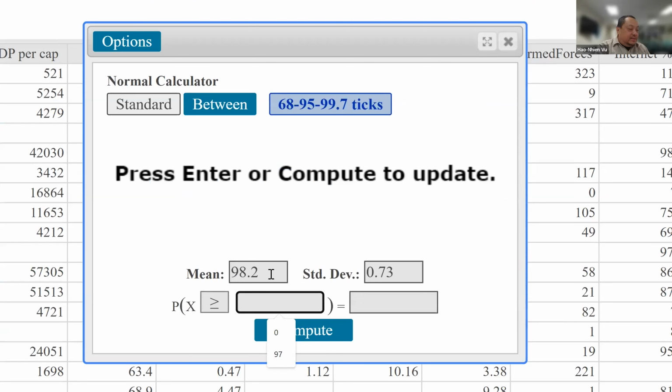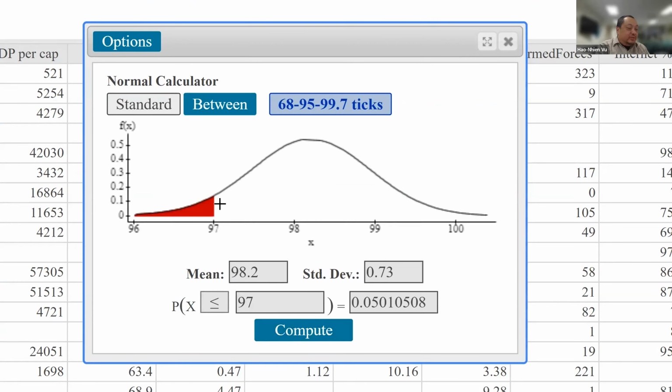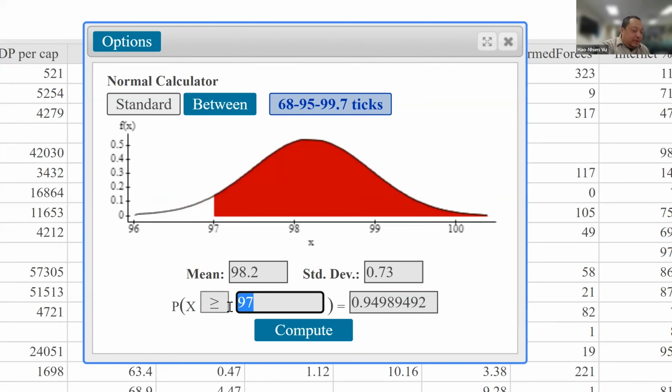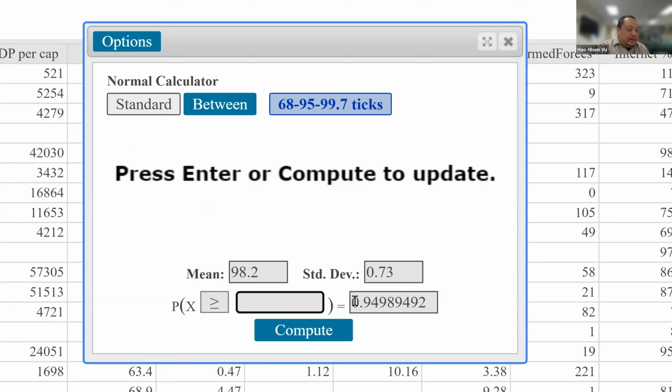Let's actually go back to this question. Part B, we did this, right? Less than 97 is this area, and this area was 0.0501, right? So now if we want to be greater than something we don't know, and we want that area to be 0.05 exactly, we're going to type it in to this space.